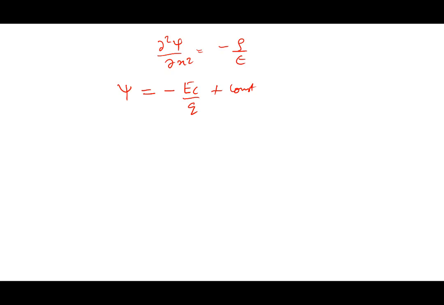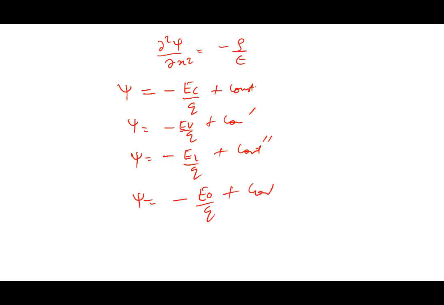So psi is related to how EC goes, or you can even write this as psi equal to minus EV by Q, whichever way you would like to write. You can write it as minus EI by Q plus a constant, maybe different constants. You can even write it as minus E naught by Q plus constant. They're all the same.